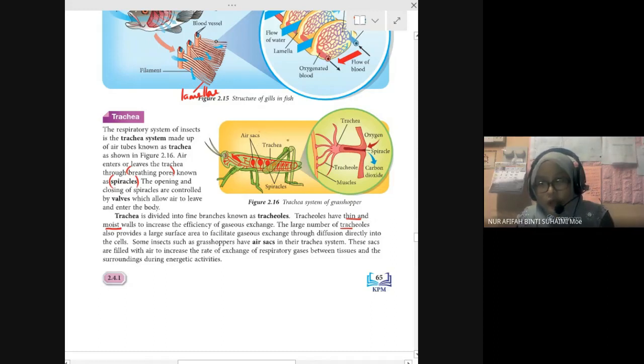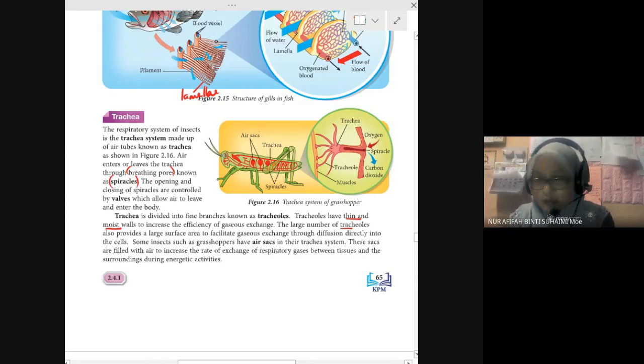Once the oxygen enters through the spiracle, it is stored inside the air sac. So when the grasshopper flies, it uses this oxygen in its air sac.